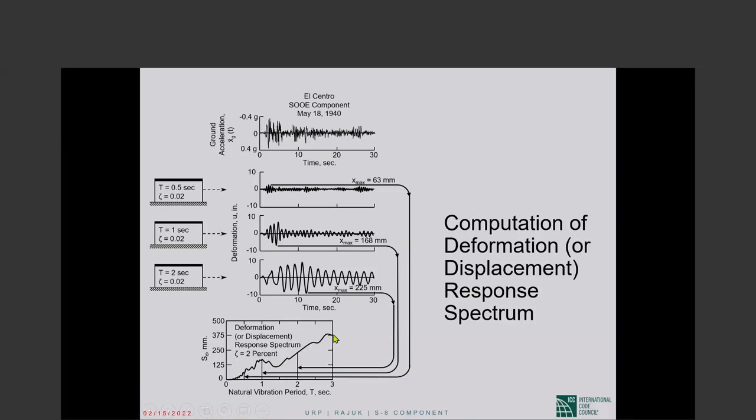Join the points that we get, and that will give us a curve which is the displacement response spectrum. Okay, so this is the first time we are coming up with a response spectrum. You see the concept. This one is a deformation or displacement response spectrum.